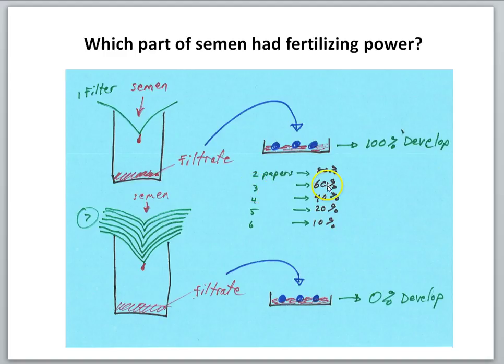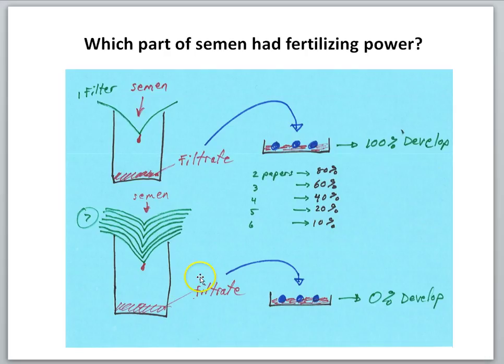When you use 3, 60%, 4, 40%, 5, 20, 6, 10. And when he used 7 filter papers, passing semen through 7 filter papers, the filtrate had no power to fertilize the eggs. Now these numbers are sort of made up here, but they capture the actual trend in his data.